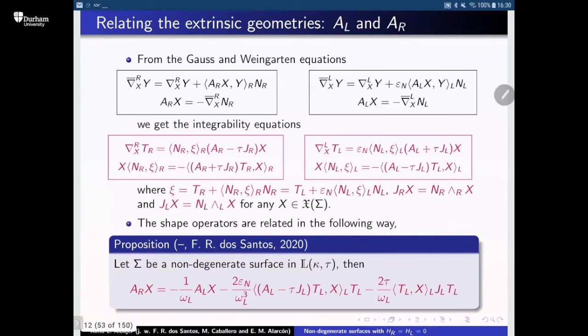Okay, so we have this expression, and with this expression, making some computations, we are able to, I'm not going to get into the details, it doesn't make much sense, but using this kind of formula, we get the relation between the shape operators of both surfaces.